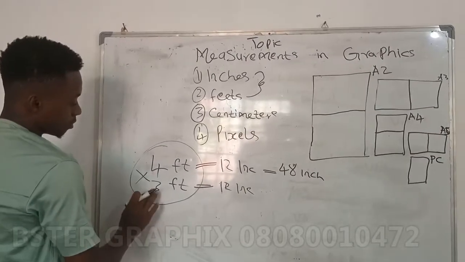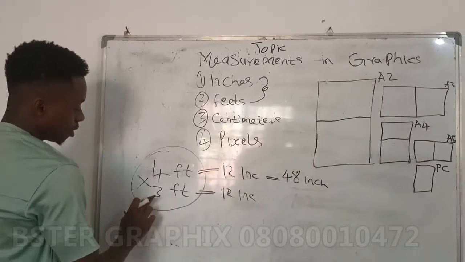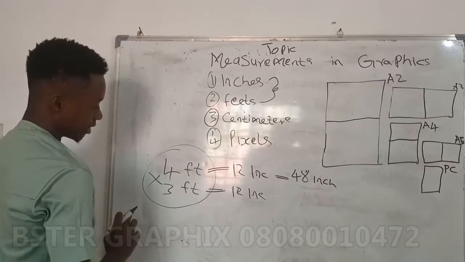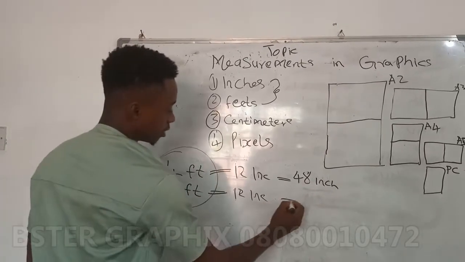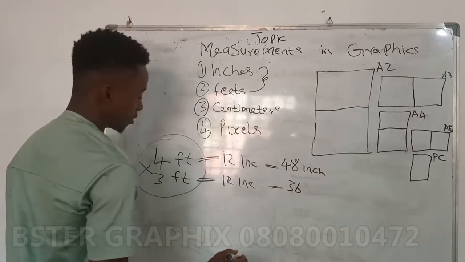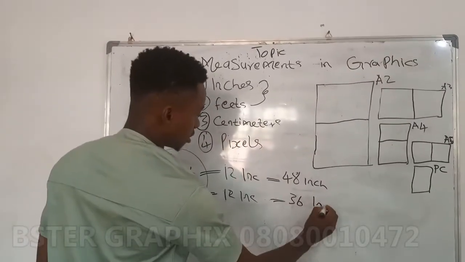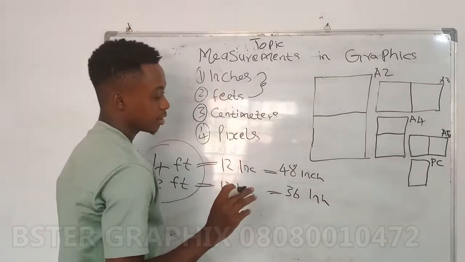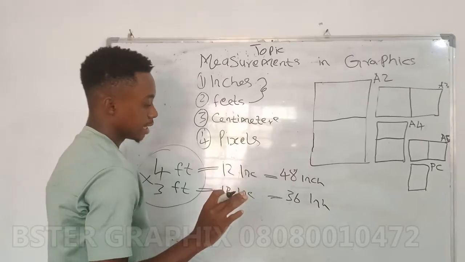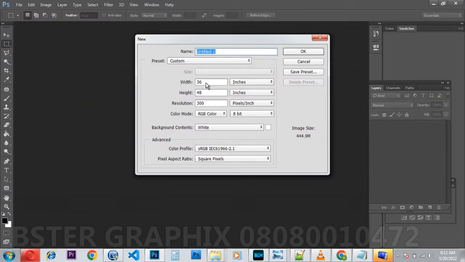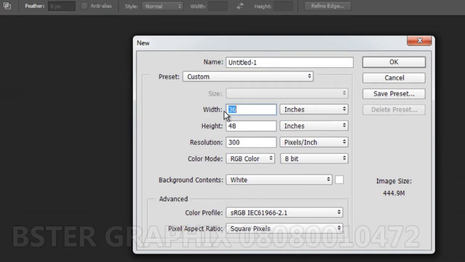So now if I times this 3 by 12, it will give me 36. Am I correct? 36 inches. So if I go to my Photoshop now and create a new page, in the height I'll enter 48 inches.